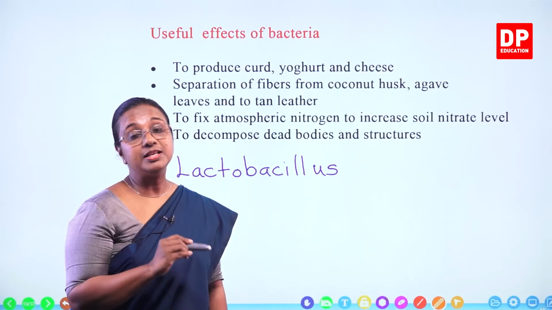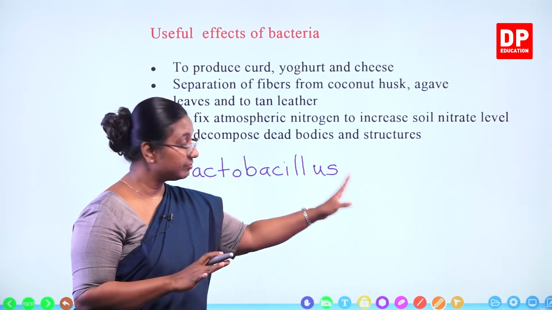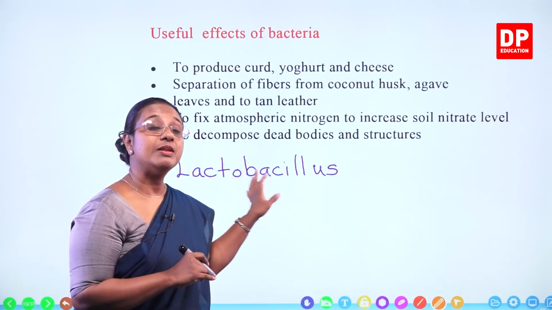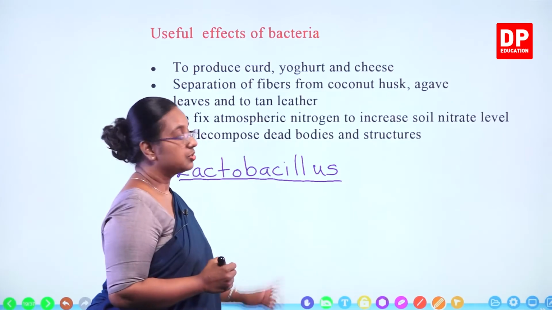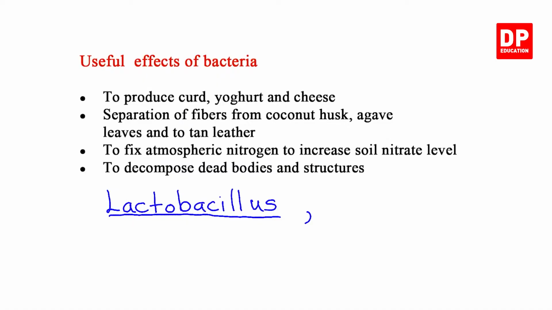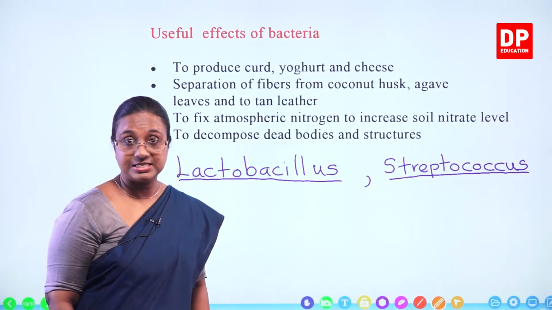When it is printed, it's printed in italics. You will learn the rules towards the end of this lesson. When we are writing the name, we will have to underline it. They are both involved in production of curd, yogurt and cheese.